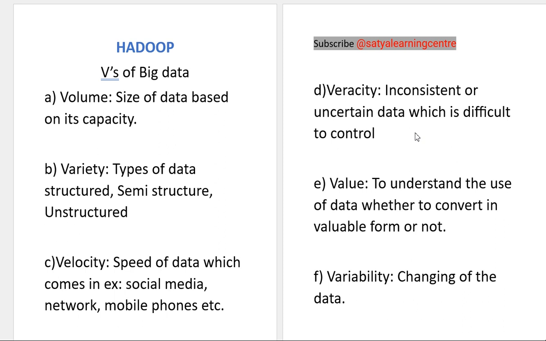So first we need to classify which type of data we are going to process or store. Let's say we have structured data, so we can store it in a row and column format. As I discussed in the previous session on the types of data in big data, there are structured, semi-structured, and unstructured data.